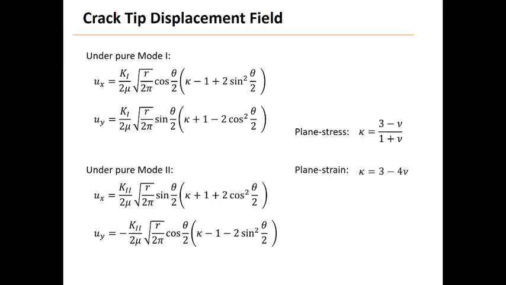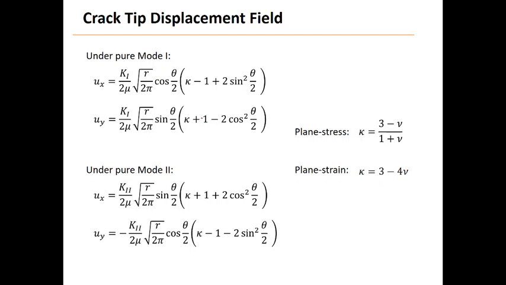So I'm showing you here the mode 1 and mode 2 corresponding displacements. These two are in plane problems, so we have ux and uy here, the displacement in the plane.